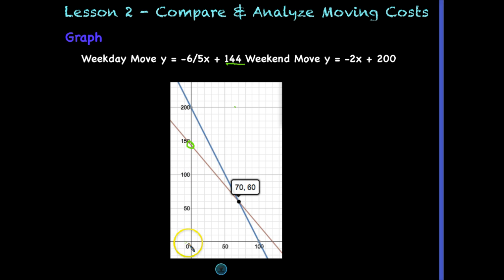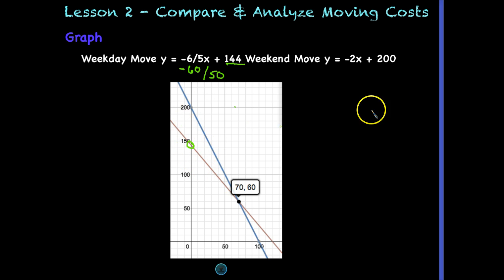But if you'll notice, our scale is pretty large in order to fit this 144 and the 200 on the other one. So probably the best thing to do is to switch the negative 6 over 5 to negative 60 over 50. So we multiply both the numerator and the denominator by 10. That way it doesn't change our slope, but it's a little bit easier to go down 60 over 50.